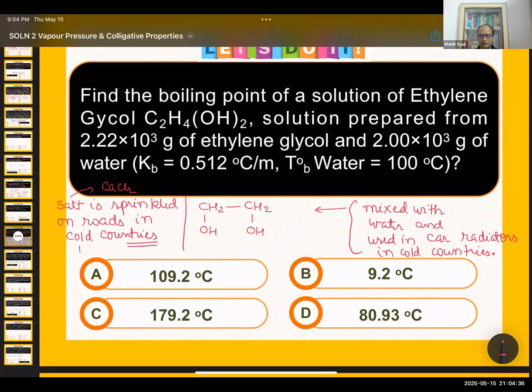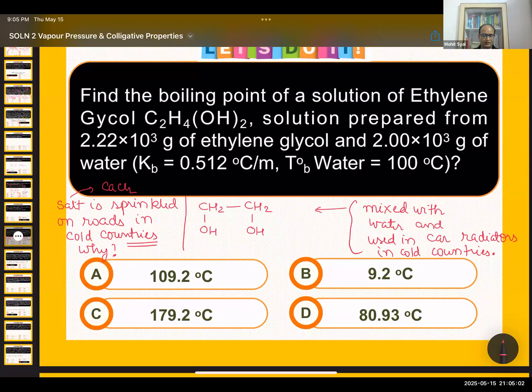So what is the reason? Why is calcium chloride sprinkled on roads in cold countries? It lowers the freezing point of water, and thus it prevents ice formation.